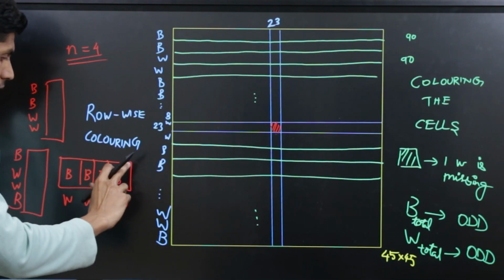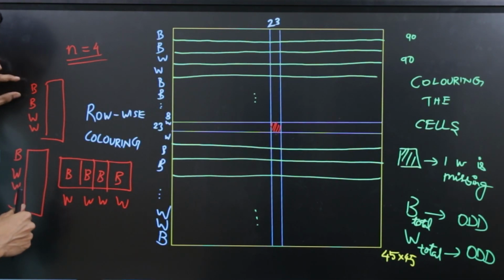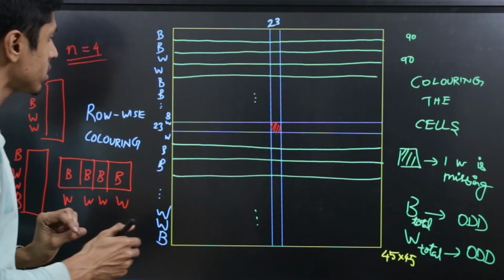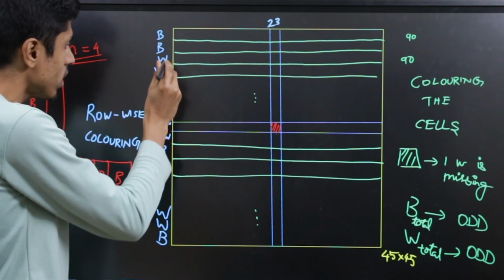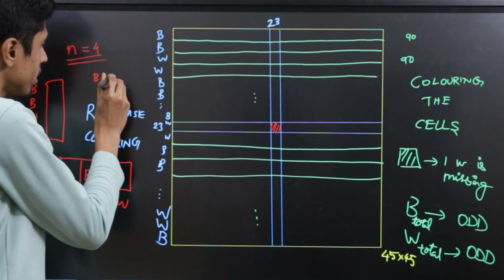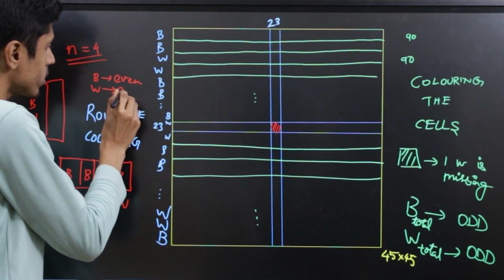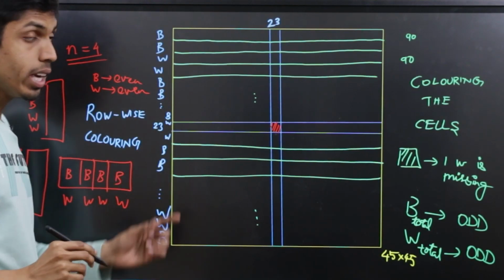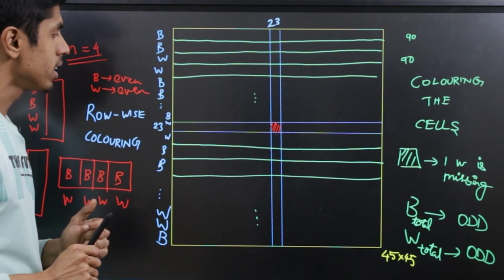So horizontally it's even for both, and vertically also it's even for both, which means if I am able to tile this entire structure, the total number of Bs will be even and the total number of whites will also be even if I am able to tile it with 1x4 or 4x1 tiles.